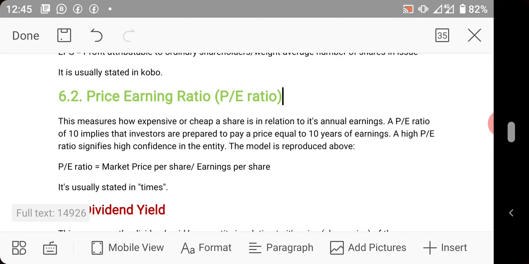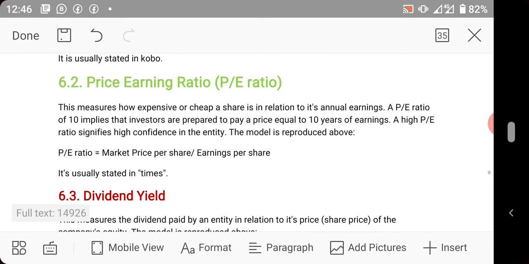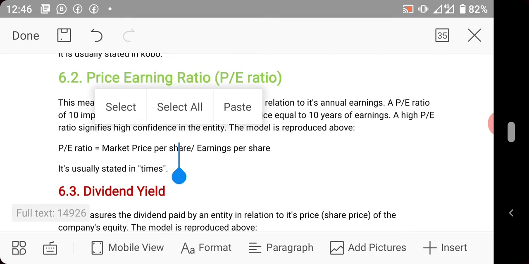In fact, it is said that if a price earning ratio is 10, it implies that investors are prepared to pay a price equal to 10 years of earnings of the shares. But that is by the way. The formula for calculating the price earning ratio is market price per share divided by earnings per share.